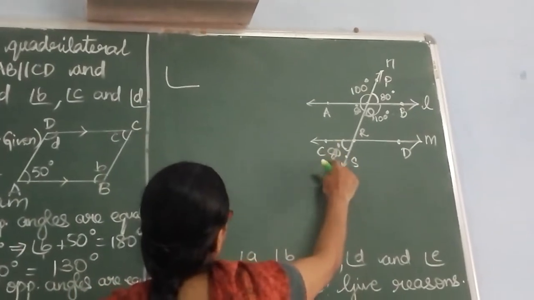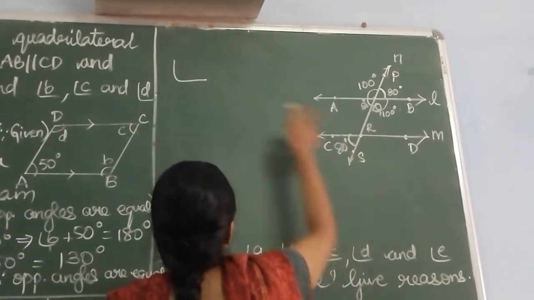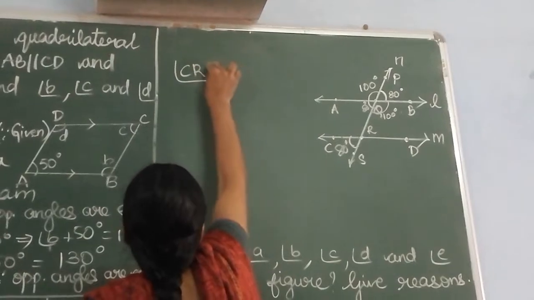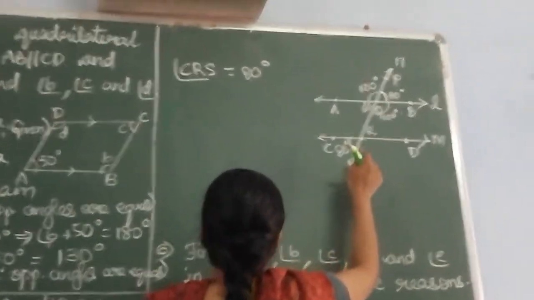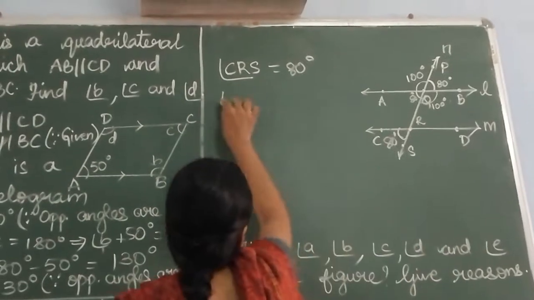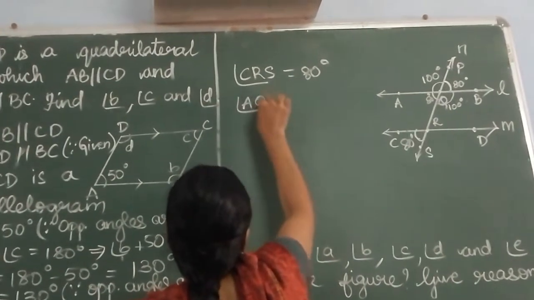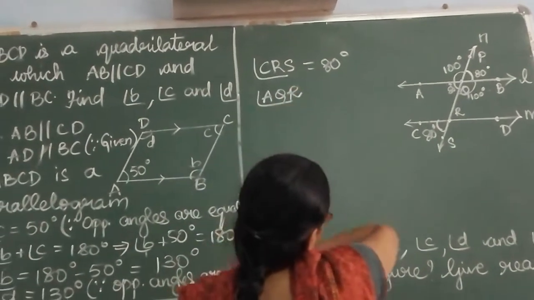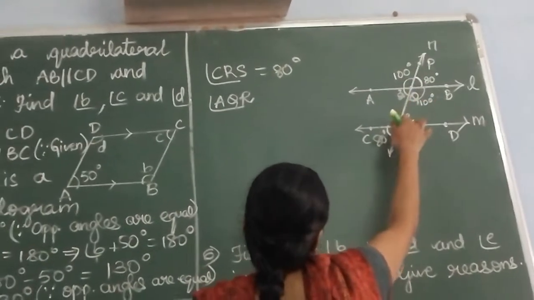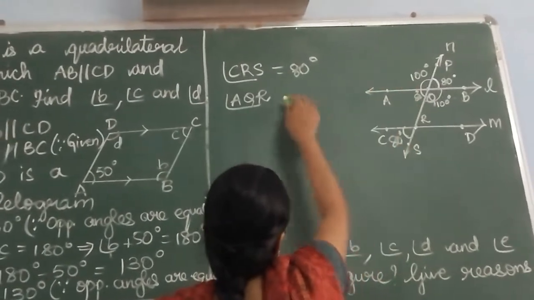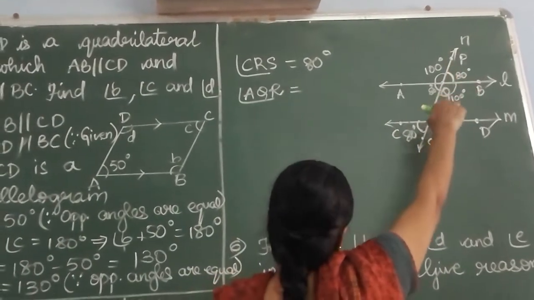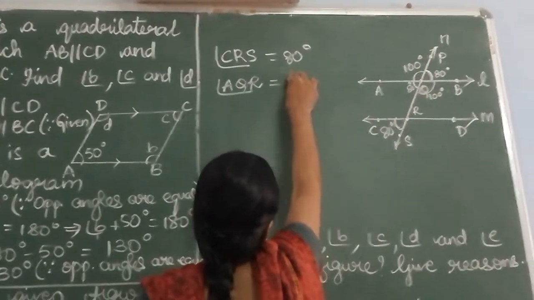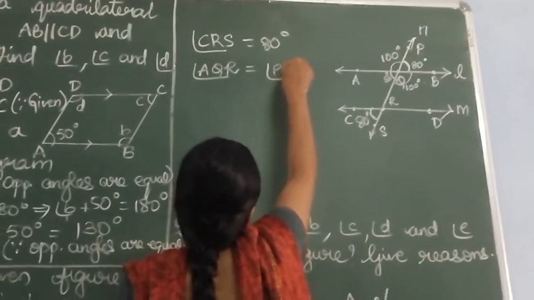In this, they have given that angle CRS is equal to 80 degrees. This is what is given. Now, angle AQR is equal to angle PQB.